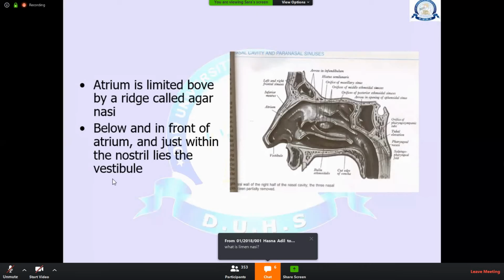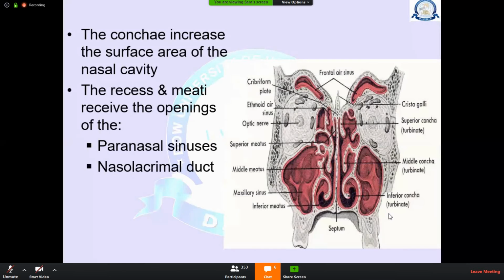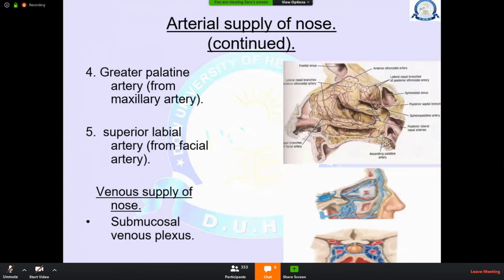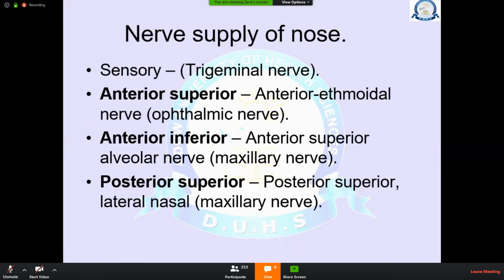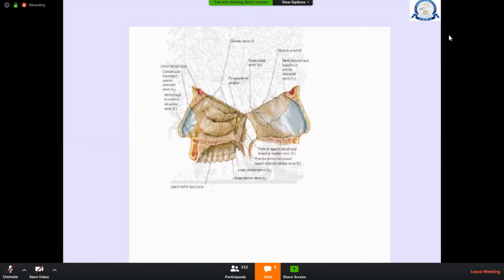Okay, now regarding the arterial supply, there's a question regarding the arterial supply.